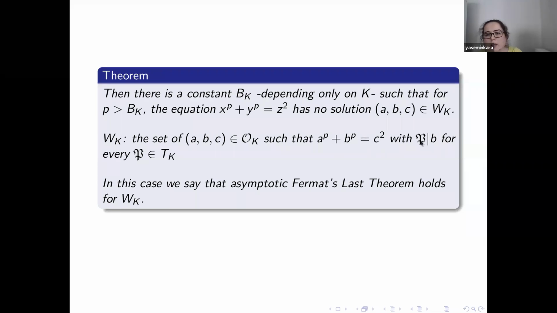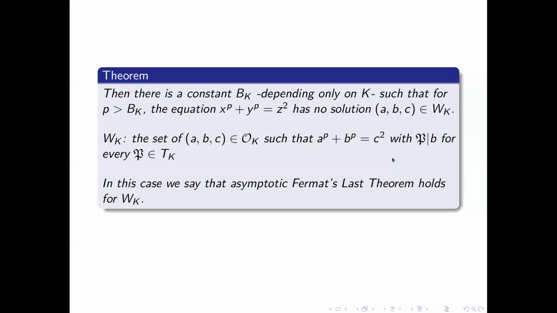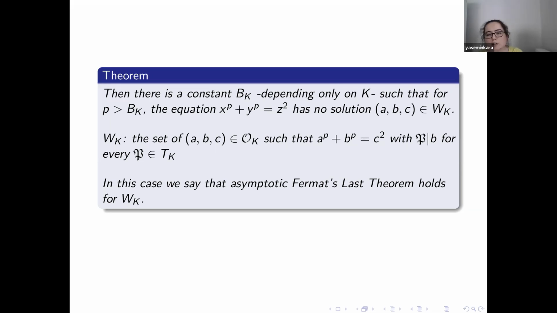You can also take it such that b divides a. But of course, there is no symmetry between a and c, or b and c. Right. So actually, without loss of generality, we say let beta divide b. You can also say beta divides a, but not c. I see. Okay.